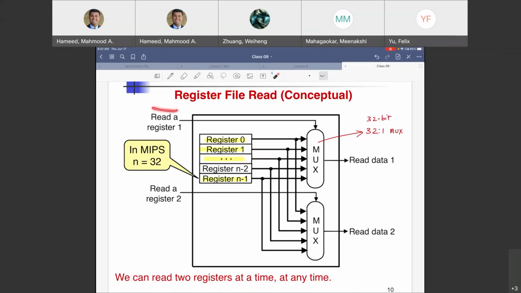So I have this read A register. These are 5 bits. Those 5 bits are selecting one out of these 32 inputs to go through. So that's 5, and this is 32, each of these is 32.